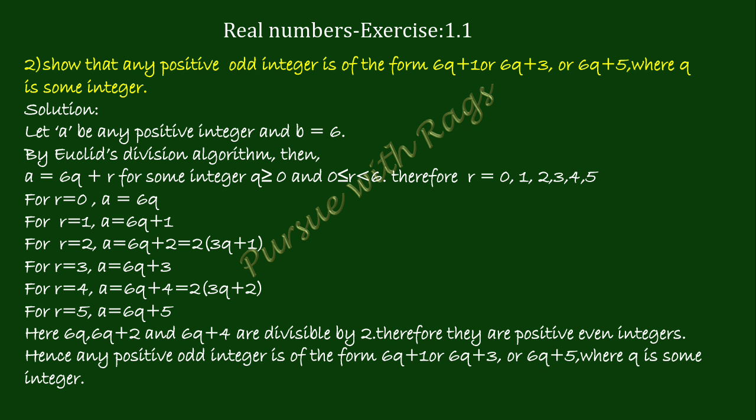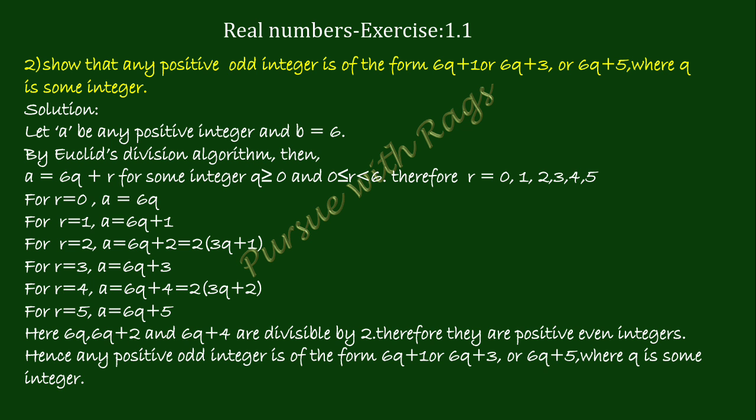You guys can check the result with normal numbers, okay? Since in the question they have given us positive odd integers, you guys know what positive odd integers are, right? 1, 3, 5, 7, 9, 11, 13, 15, everything comes under positive odd integers.